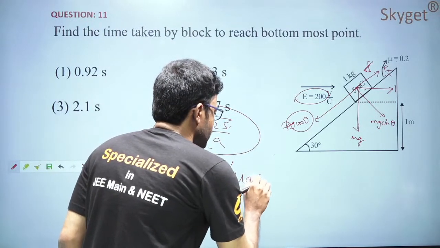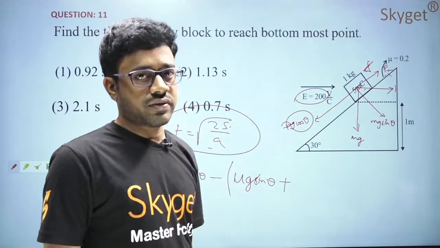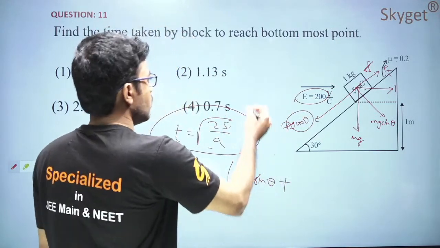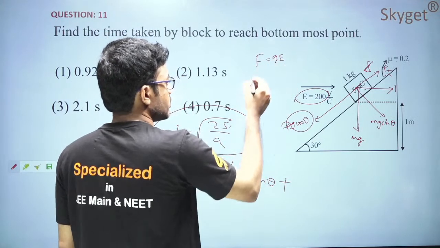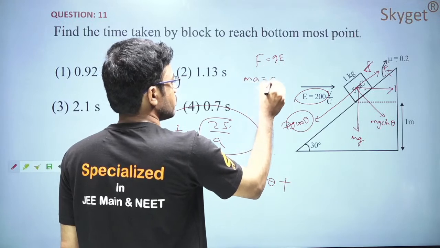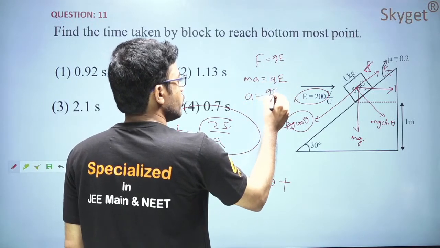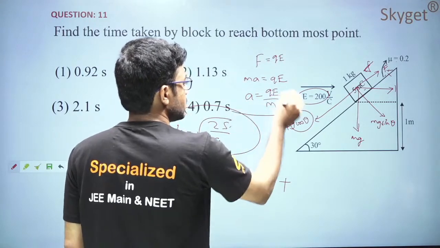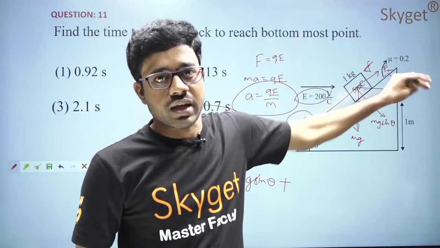Plus there is one more acceleration caused by the field intensity. As you know, F is equal to QE. From this you can write MA is equal to QE, A is equal to QE by M. So this is the acceleration caused by the applied field intensity in the horizontal direction.